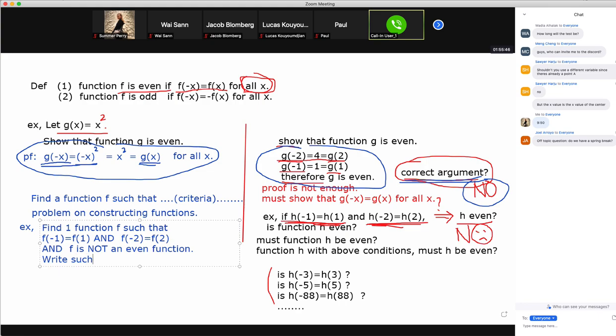Write such a function, and verify all conditions.